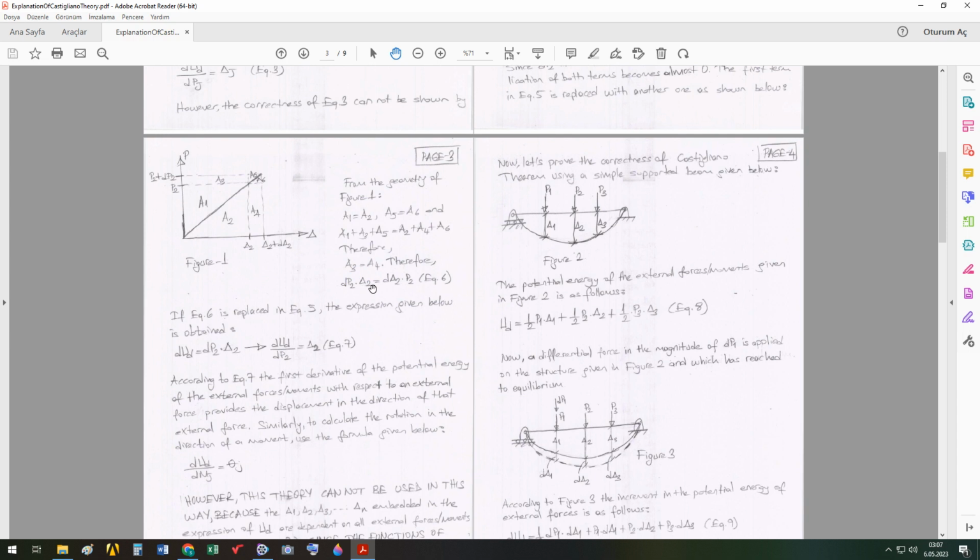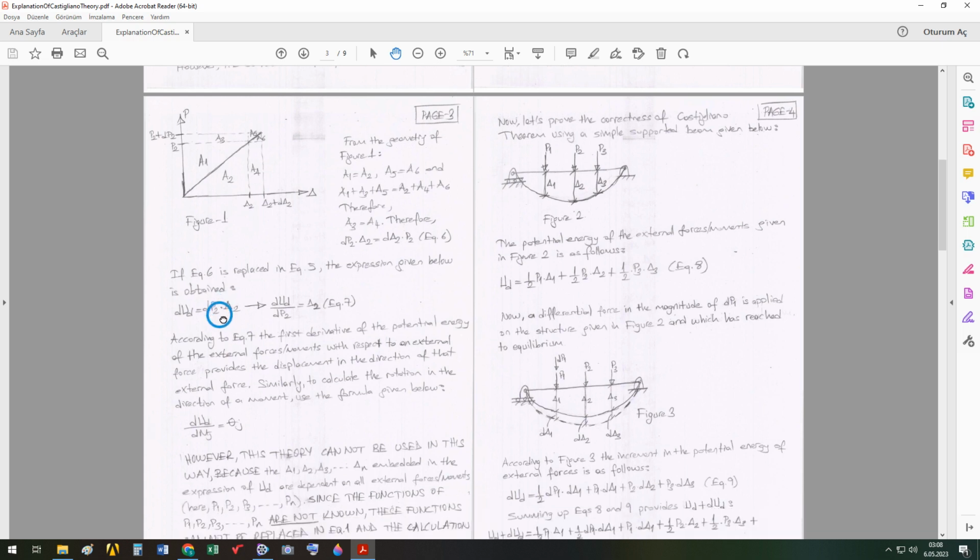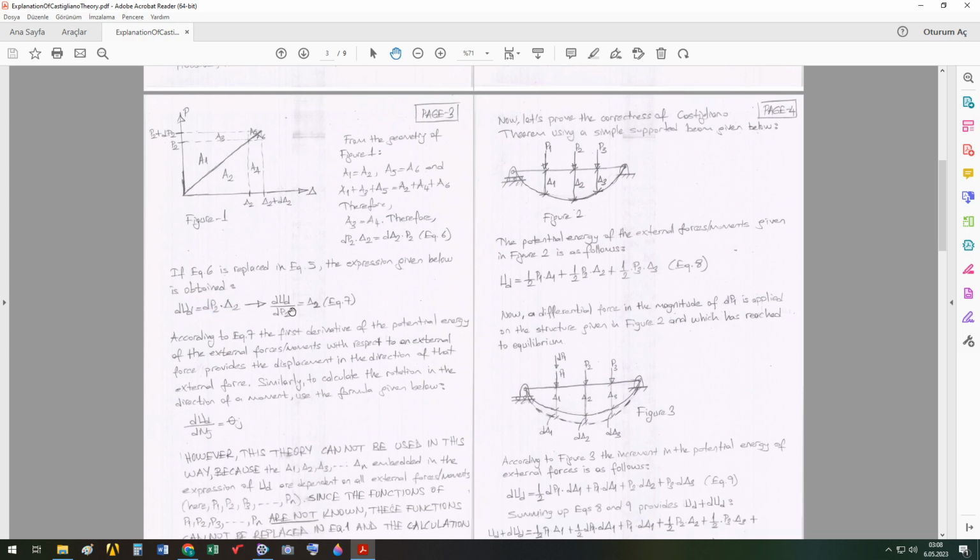I replace it, then the increment in the potential energy of external loads is equal to this one. So if I obtain the first derivative of the potential energy of external forces with respect to P2, it gives me the displacement in the direction of P2, which is delta 2.